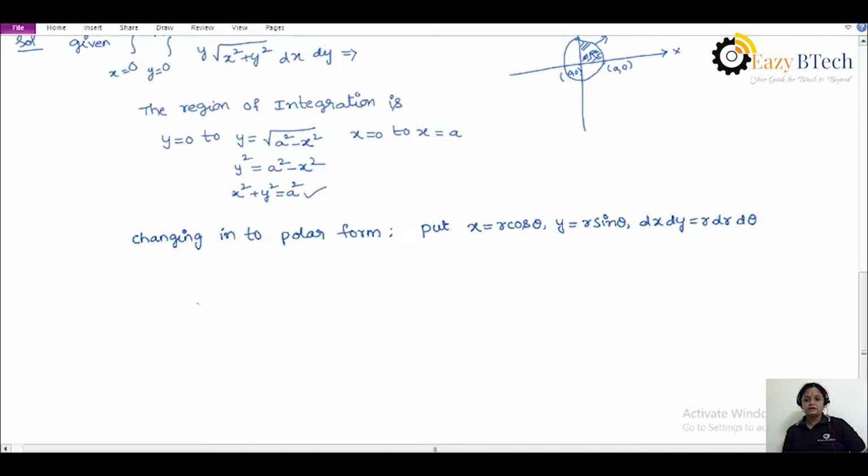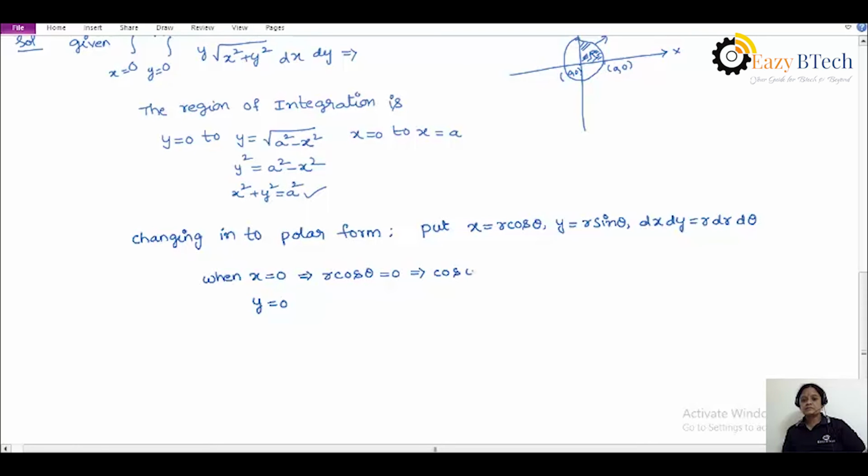Okay. So now if you are changing the question in terms of r and theta, then we need the limits of r and theta also. So by using the given limits only, we have to find the r limit and theta limit here. When the x lower limit is given as 0, then x, that is r cos theta, is equal to 0.